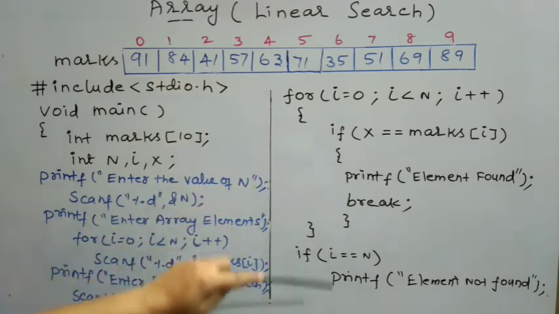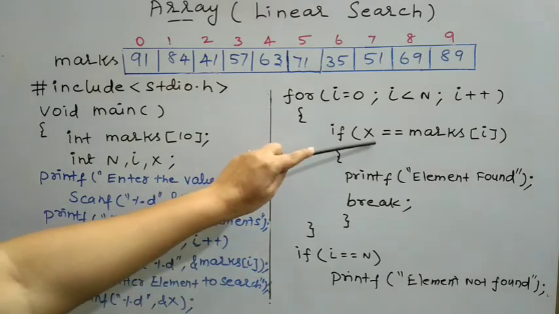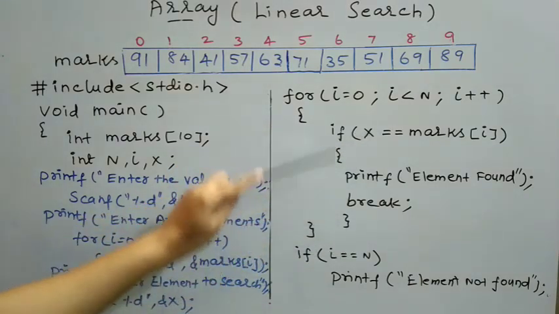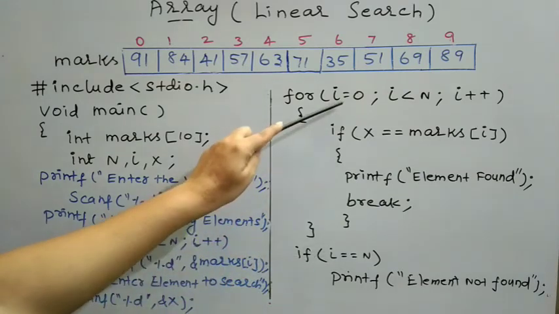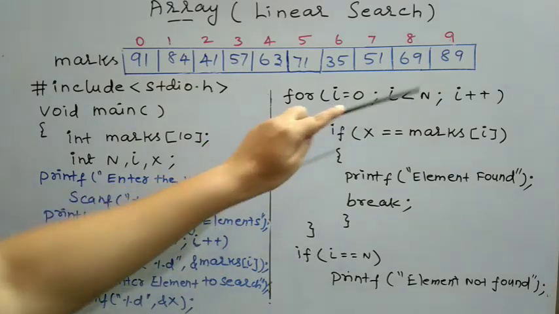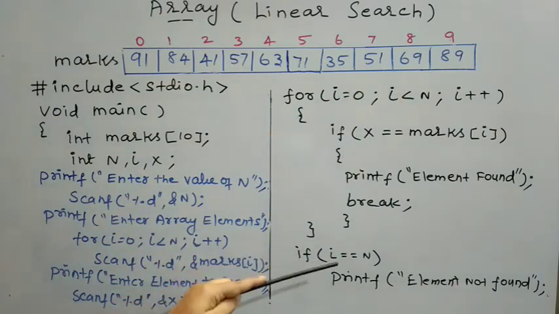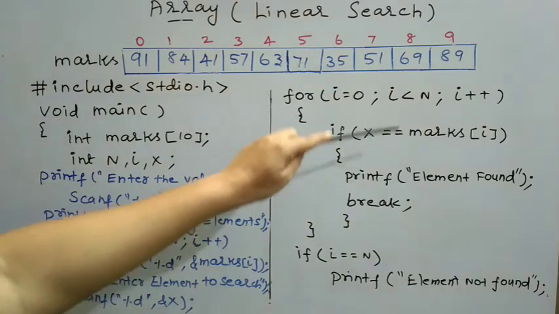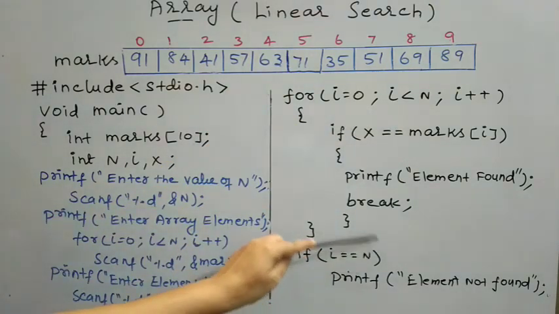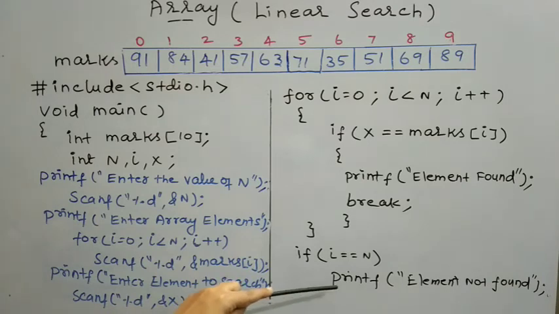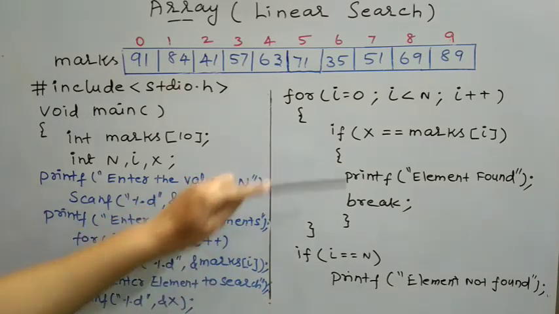In that case the value of i may be from 0 to 9, and the condition for the not-found message will not be true, so I will not print that message. That is the element-found case.